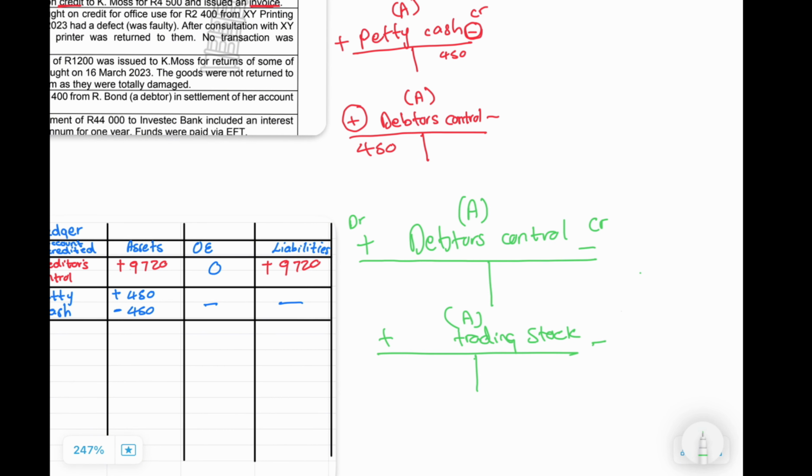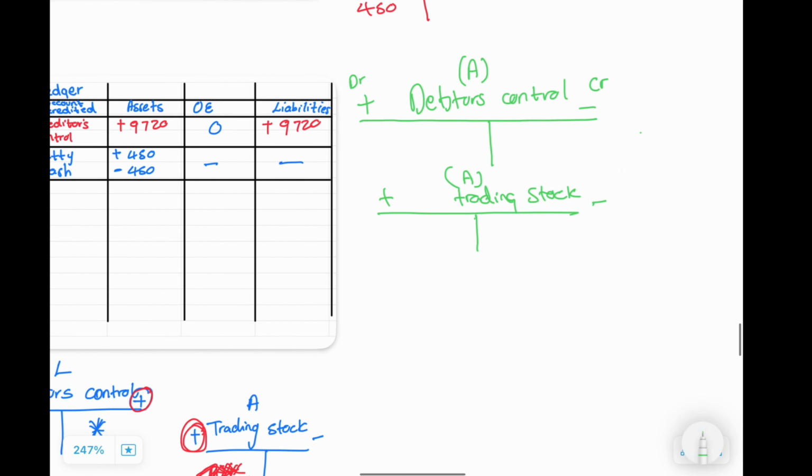Since we have 2 accounts already that are affected, trading stock because we are selling stock, and debtors control since we sold on credit, 2 other accounts which will be affected will be the sale account as well as cost of sale, since you need to have both the amounts.